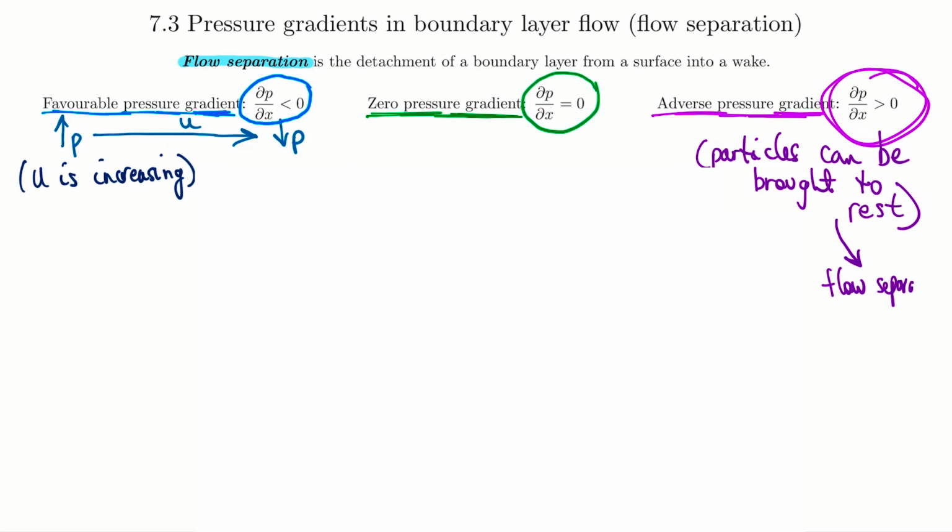If you have an adverse pressure gradient that is large enough, you'll decrease the velocity so much that it actually causes the flow to stop. In a flow separation situation, let's say I have a surface that looks like this, and my velocity is going this way, and I have my fluid particles flowing along, and then all of a sudden the adverse pressure gradient is so high that it causes the particles to stop.